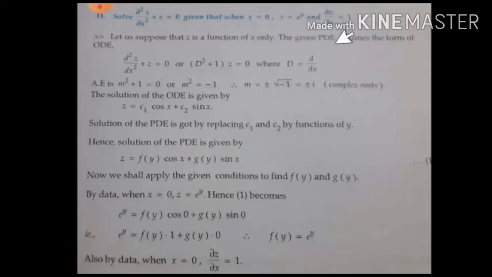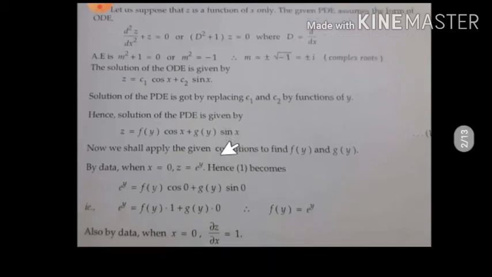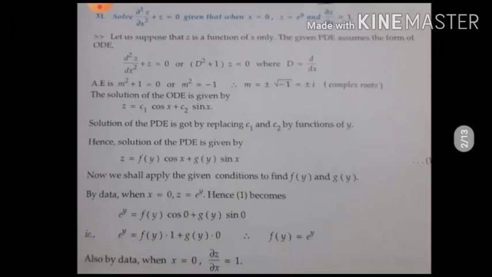To apply the second condition, we need dou z by dou x, but we don't have it in the earlier steps. So first you can find dou z by dou x. That part they have done later. So, first apply x equal to 0 and z equal to e to the power of y in equation 1.